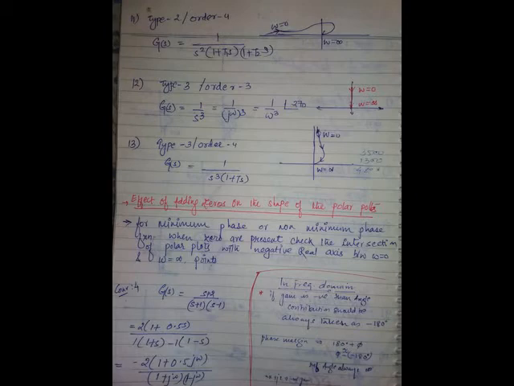Tan inverse of 4 omega is equal to tan inverse of omega plus tan inverse of 2 omega, or 4 omega is equal to omega plus 2 omega by 1 minus 2 omega square. This will become 4 minus 8 omega square is equal to 3.